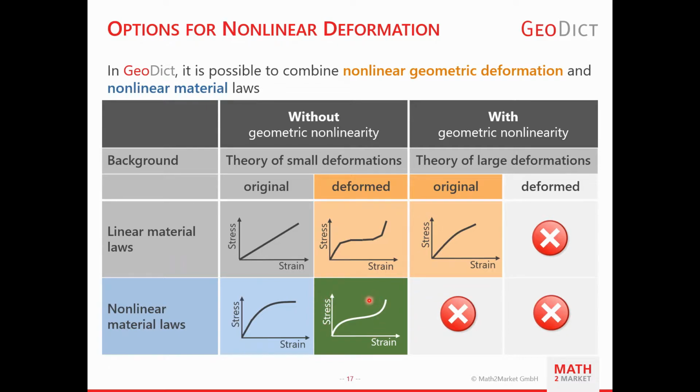So you have the option to combine a nonlinear geometric deformation with a nonlinear material law from the Geodict material database. Nonlinear material laws for the theory of large deformation, meaning with geometric nonlinearity, are not available in Geodict. Still, they can be used if you have an UMAT that supports large deformation.